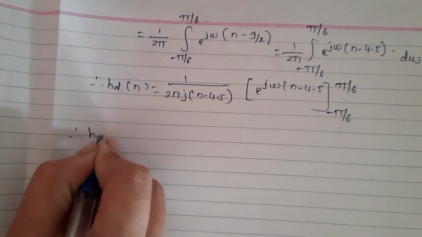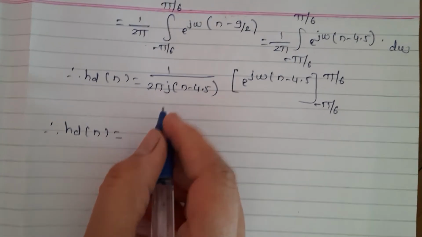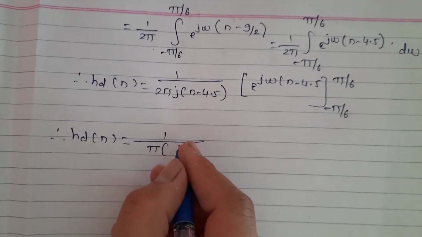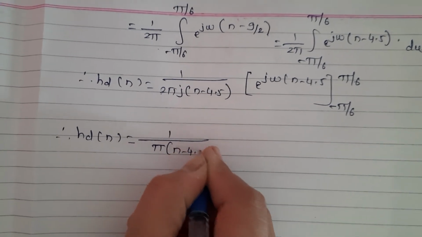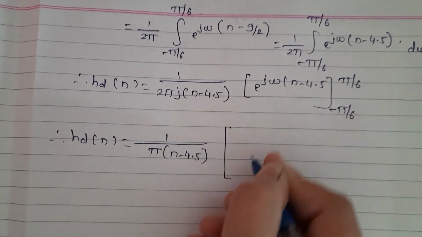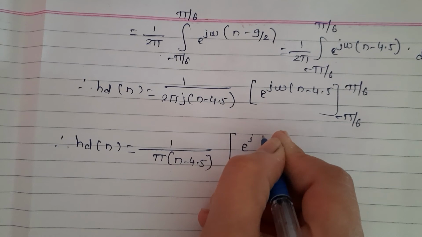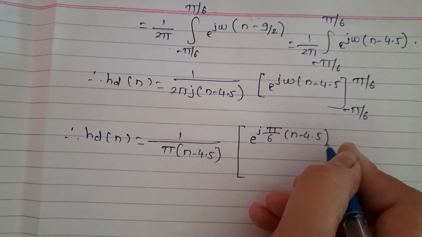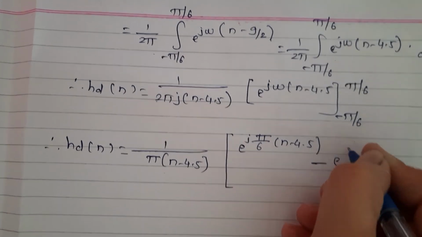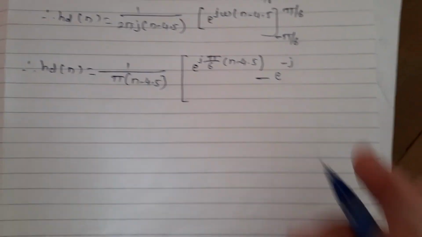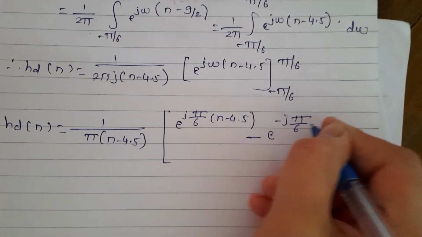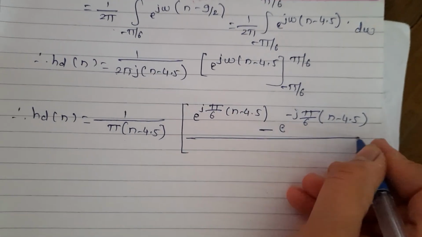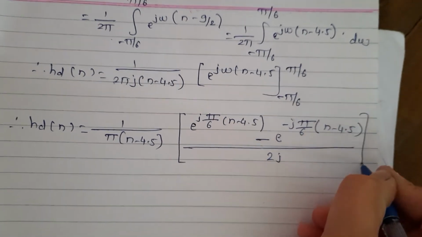So HD of n is equal to 1 by pi into n minus 4.5, into e raised to j pi by 6 into n minus 4.5 minus e raised to minus j pi by 6 into n minus 4.5, divided by 2j.